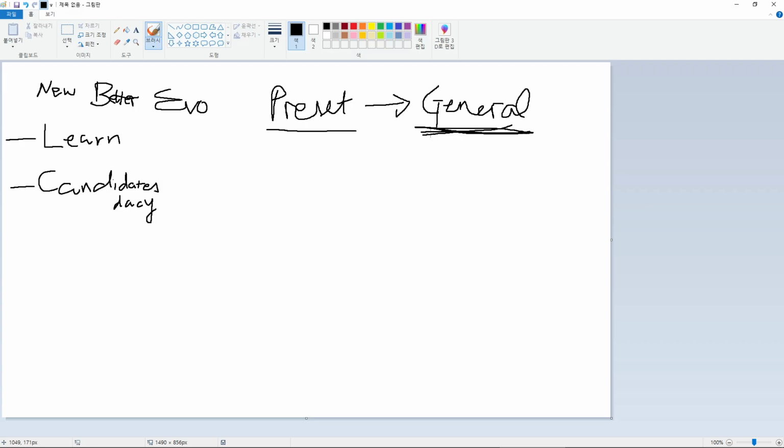In the general genetic algorithm way, I don't know if all of this is official or not, but at least the way I did it, if it's called general, what I do is I generate the values. I generate the items and their utility values and their constraint values, which come from a certain distribution.